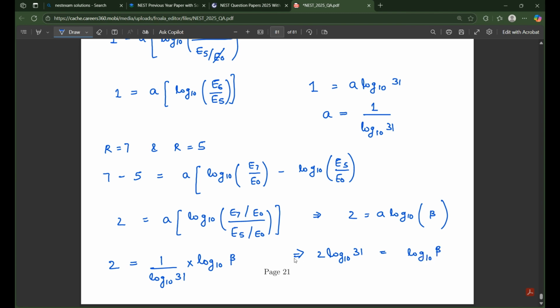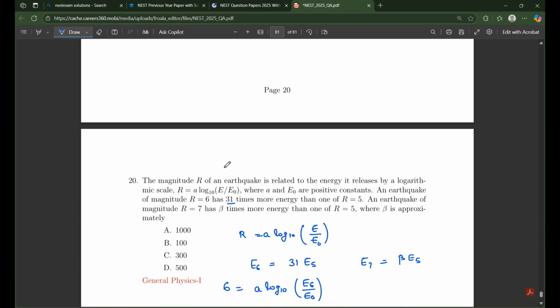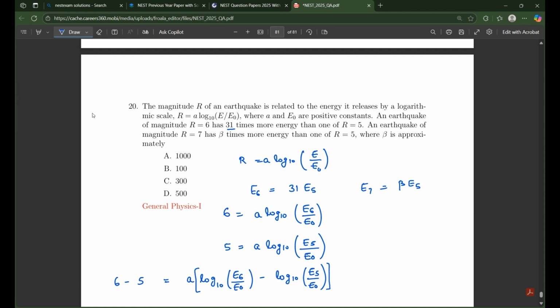Now I know that I can take the multiplication inside the log as a square, like this. So comparing both of these equations, I get the value of beta is equal to 31 squared, which is equal to 961. The closest answer from the options given is 1000, because 961 is closest to 1000. So that's why 1000 is the correct answer.